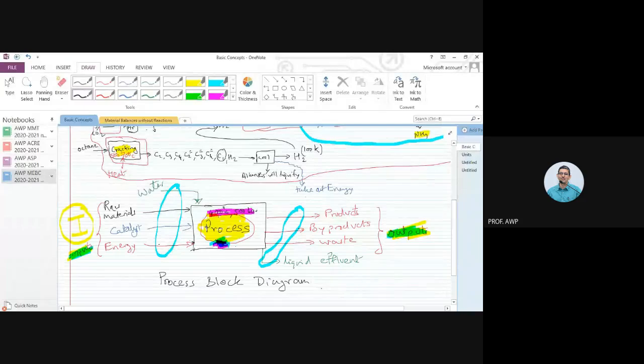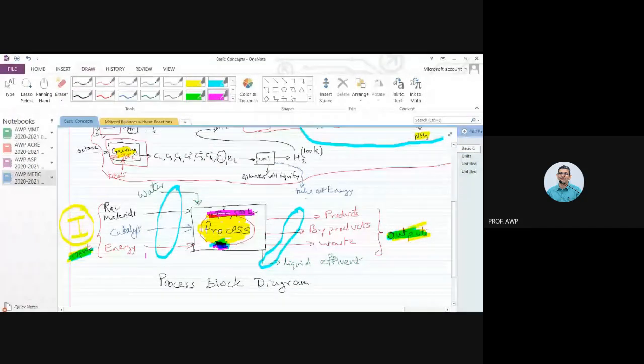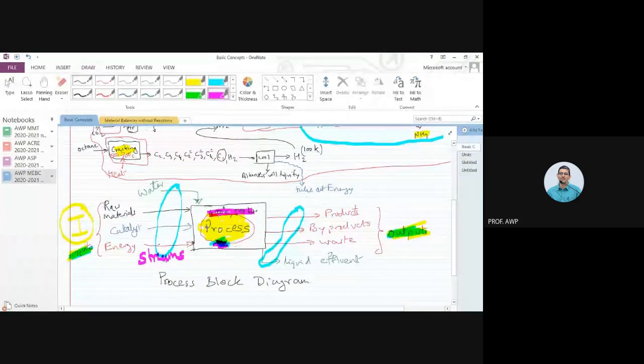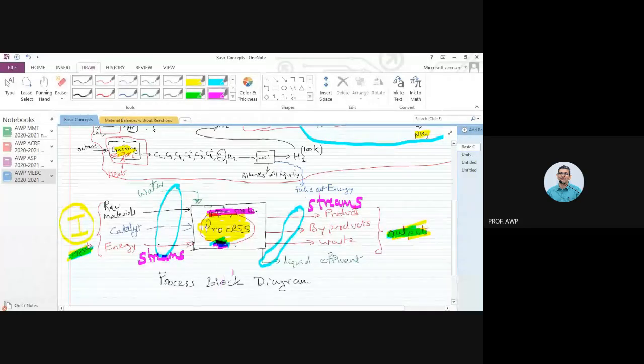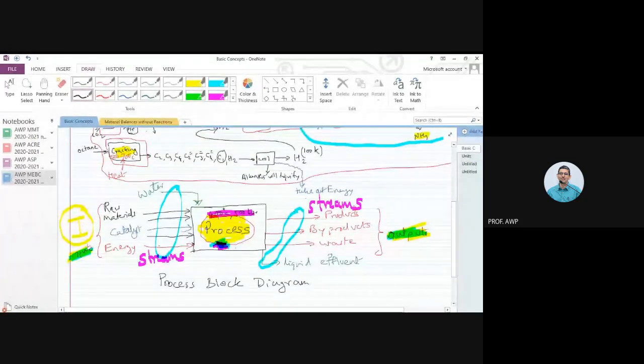It is going to be depicted by these squares, which are blocks, which are processes, and whatever comes into that process is going to be shown by streams. So these are all streams. These are input streams, and these are output streams. These streams we are going to draw by arrows, showing whatever is coming in and whatever is going out.